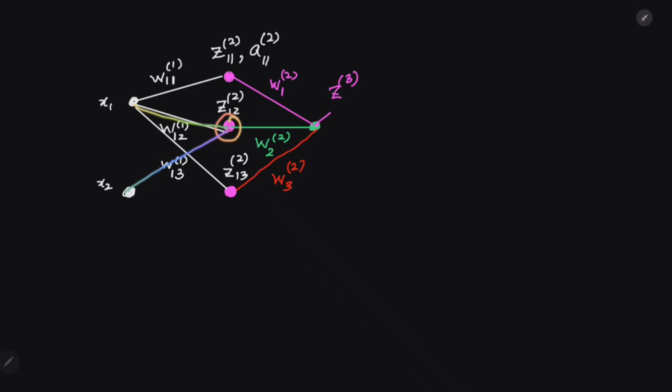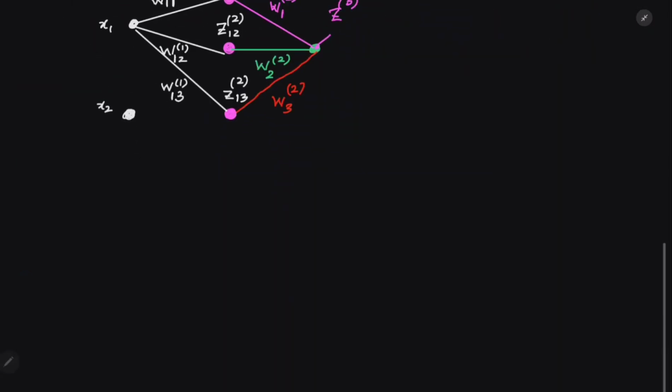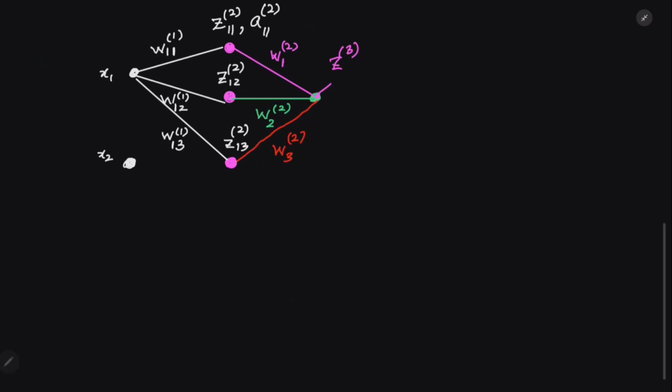So there is some kind of multiplication involved in that, right? It means that we have to incorporate how many hidden layers there are, how many layers there are, and how many activation function calculations there are.